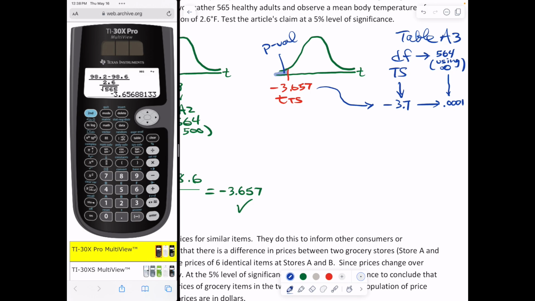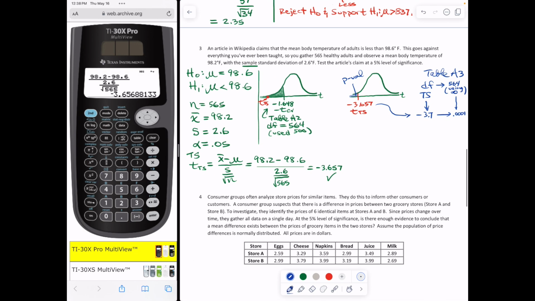That's the area to the left. This is, let's make the note here, a left tail test. So we don't have to do anything to the p-value here. That'll just be .0001.